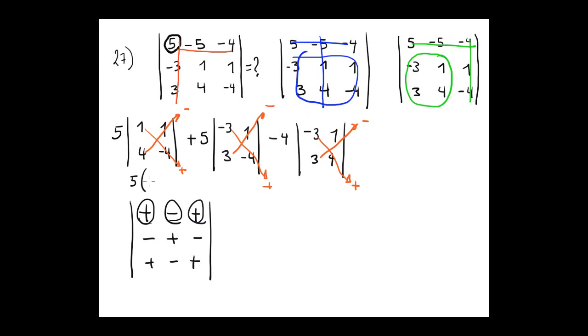So 5 open parenthesis minus 4 plus 5 open parenthesis we have 12 minus 3 minus 4 open parenthesis minus 12 and minus 3.